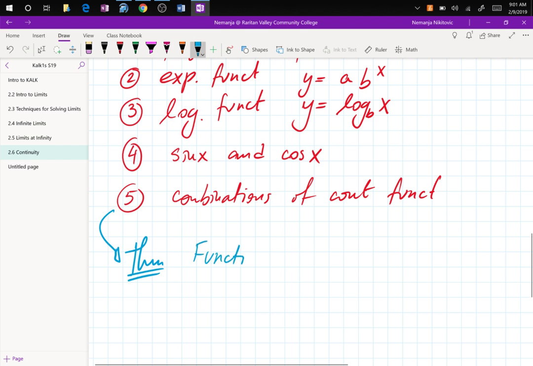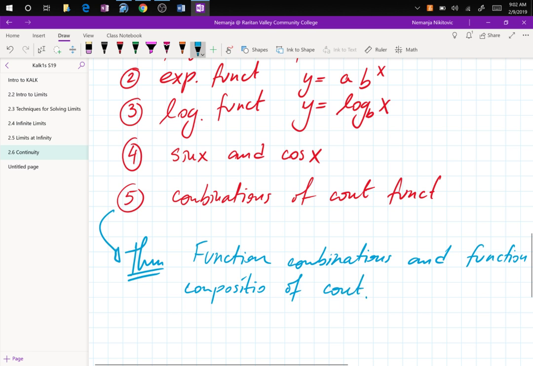So function combinations and function composition of continuous functions are continuous functions.